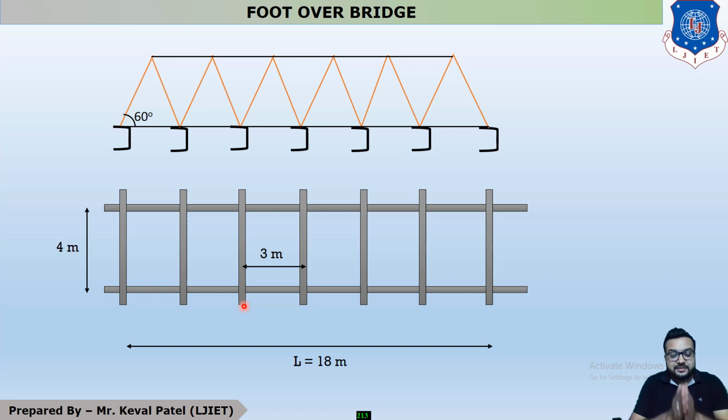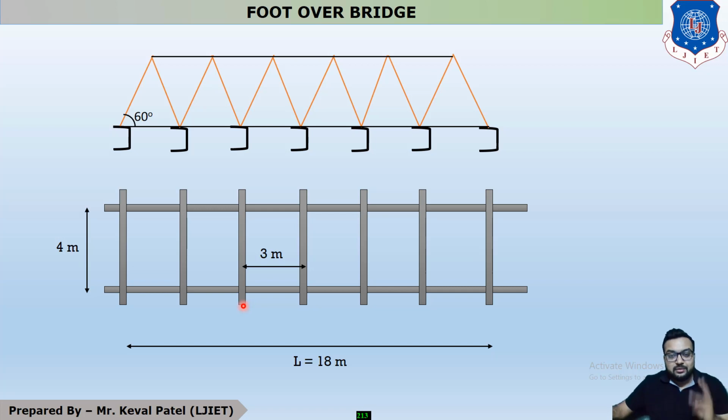So in this example the panel length is 3 meter. It means 1.5 meters load is transferred to the left side of the cross beam and 1.5 meters load is transferred to the right side of the cross beam. Okay, so your intermediate cross beam takes 3 meters of load.